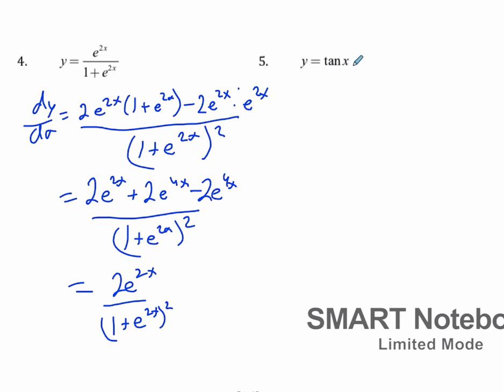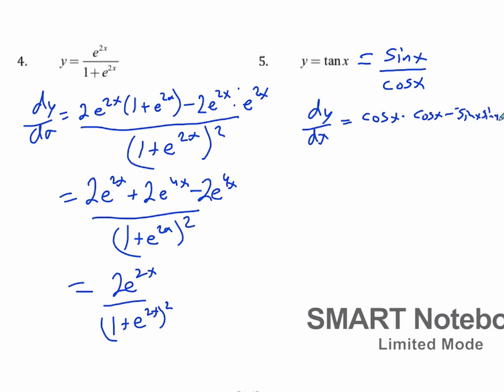Now tangent, you can get it in your formula booklet, but to derive the rule for tangent, we can write tangent as sine x over cosine x, and then use quotient rule. So the derivative is the derivative of the top, which is cosine x, times the bottom, which is cosine x, minus the derivative of the bottom, which is negative sine x, times the top, which is sine x.